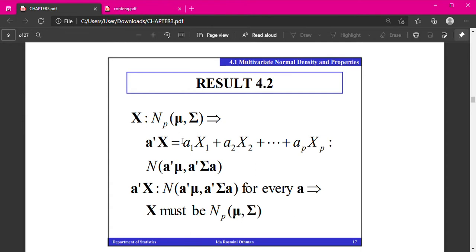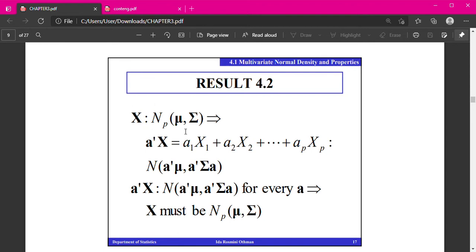Min vektor untuk x, all the x. So akan ada mu1, mu2 until mu p. And then di sini adalah covariance, variance-covariance matrix untuk this x. So kalau kita deal dengan dua variable, variance-covariance matrix akan jadi 2 by 2. Kalau kita deal dengan 3 variable, akan jadi 3 by 3. Sama macam sebelum ni lah. Okay.